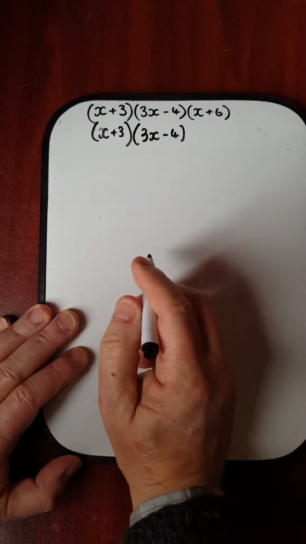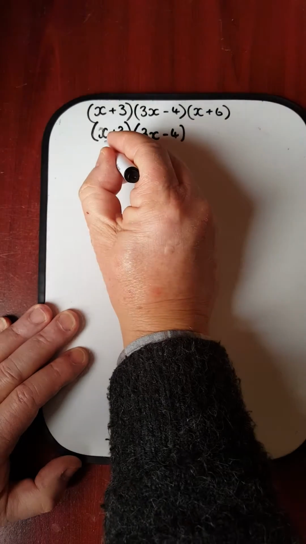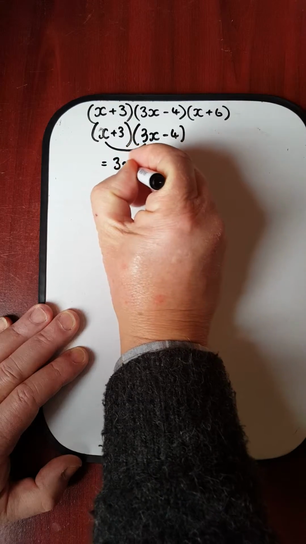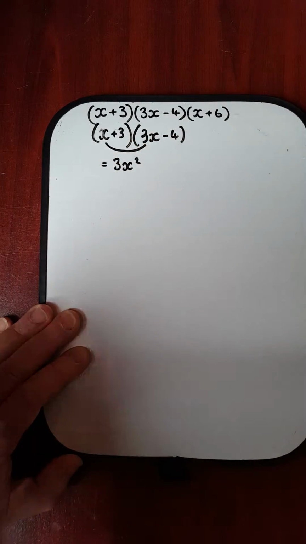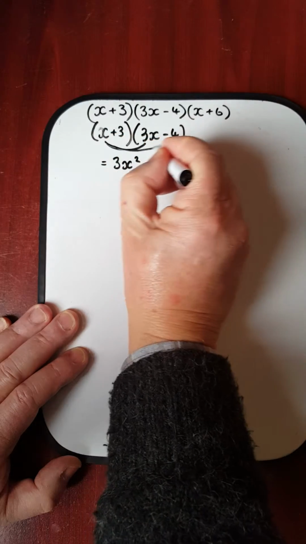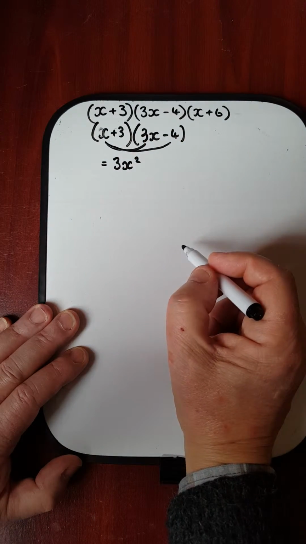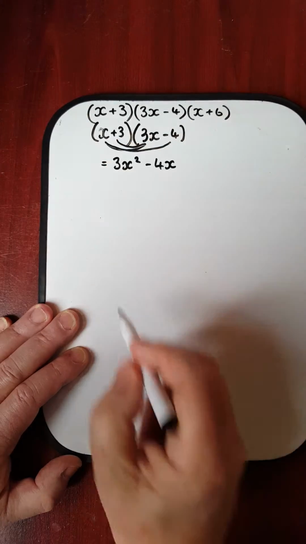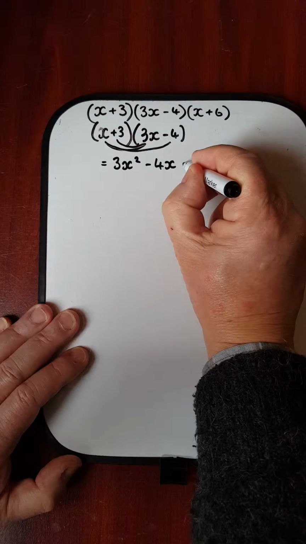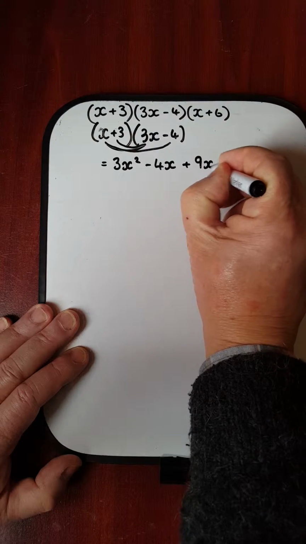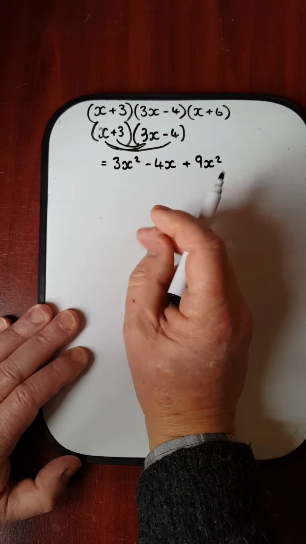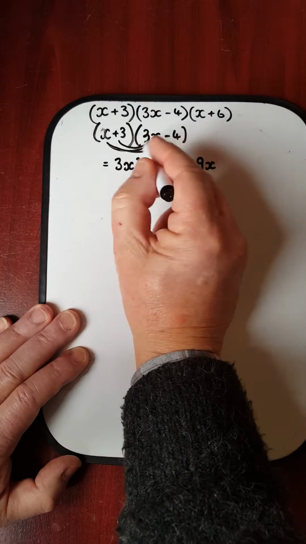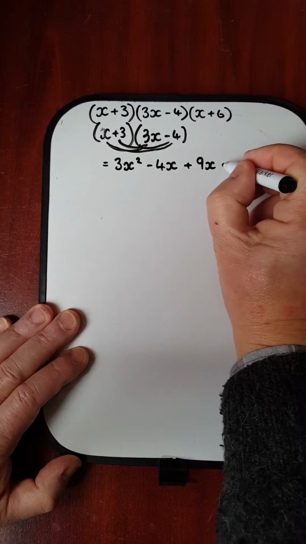Okay, standard two bracket multiplication. x times 3x is 3x squared. x times minus 4 is minus 4x. 3 times 3x is 9x. I do apologise, I'm thinking ahead. And 3 times minus 4 is minus 12.